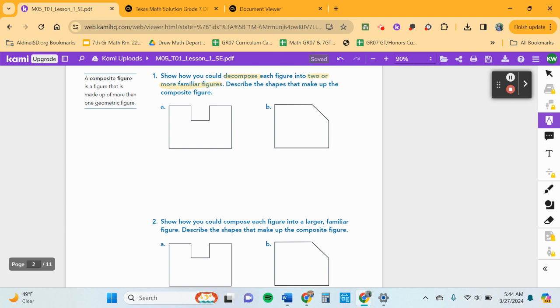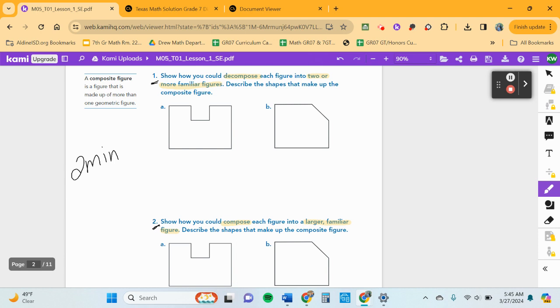And for number 2, you're composing, so you're making it larger so that it resembles a familiar figure. At this time, I want you to pause and take 2 minutes to answer questions 1 and 2. You're drawing lines to compose and decompose those figures. 2 minutes. Pause here.